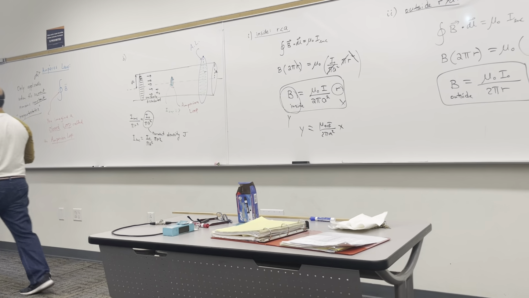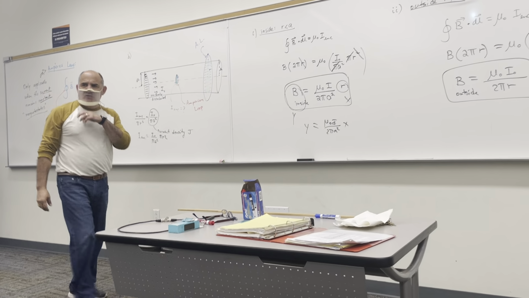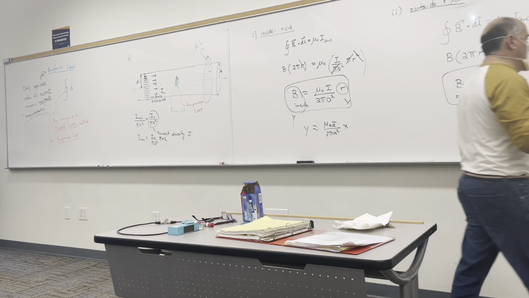And then what's called a toroid, which is, as you'll see, simple. And then a very long solenoid. I'll just do those 3 relatively quickly, and I'll do them in detail on Wednesday.